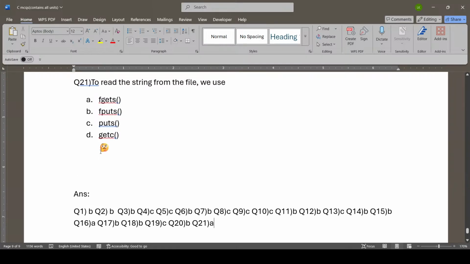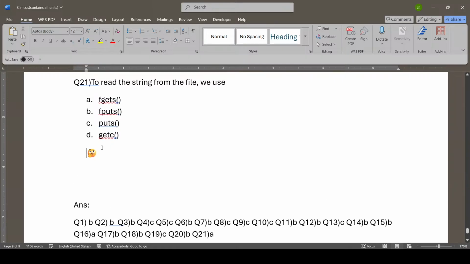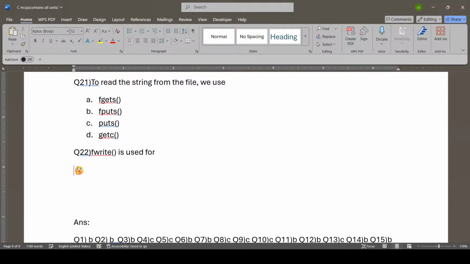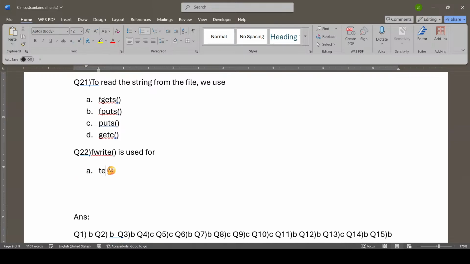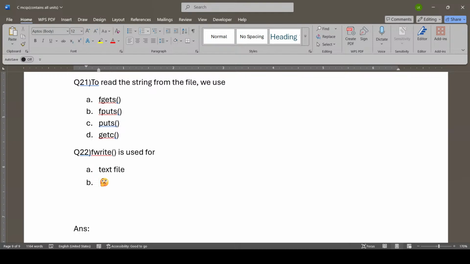Now we are going over the next question, question 22. fwrite is used for: first is text file, next is binary file writing, next is deleting file, next is renaming file.